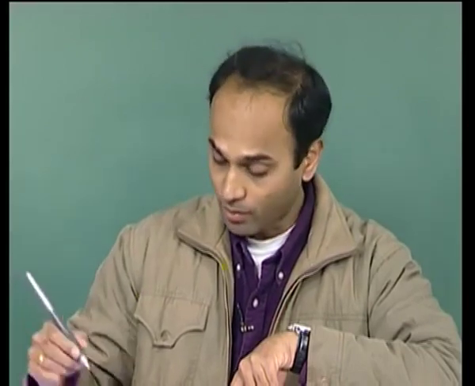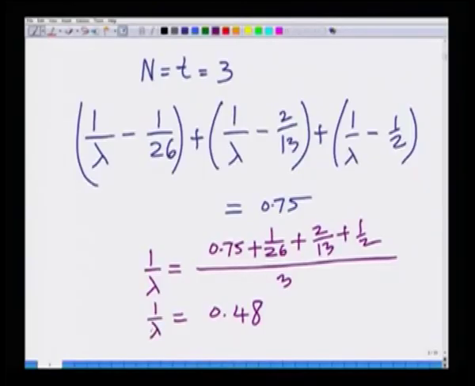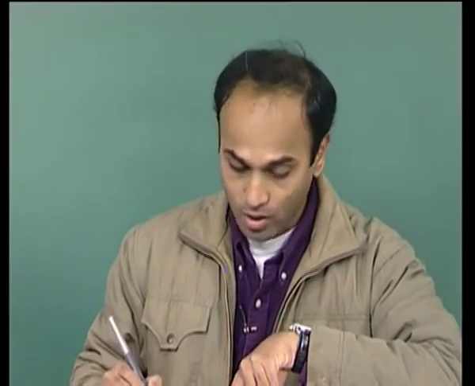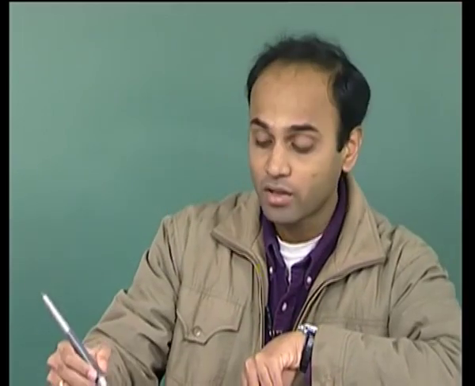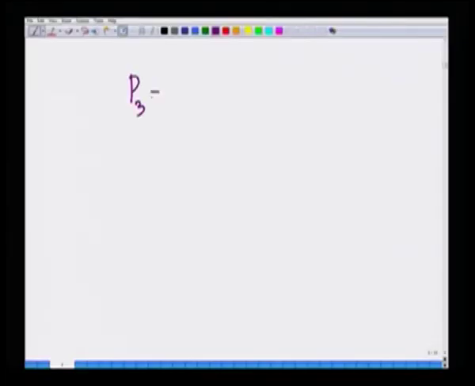Now, I am going to back substitute lambda and check if 1 by lambda is in fact 0.48. I am going to back substitute this and check if the powers are consistent, that is every power should be greater than 0. So, now I go back and verify this for P3. P3 equals 1 by lambda, 0.48, minus sigma n squared by sigma 3 squared, which is 2 divided by 4 equals half.